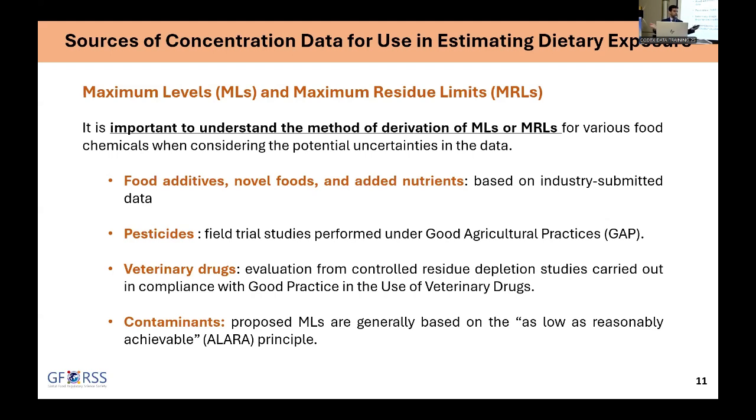Otherwise, this food should not be commercialized. So in a lot of different scenarios, taking this assumption, I can use the maximum level itself as the worst case scenario for the occurrence of this contaminant in my food. Let's say I don't have access to monitoring data. So why not take this maximum level value into consideration and perform some calculations?